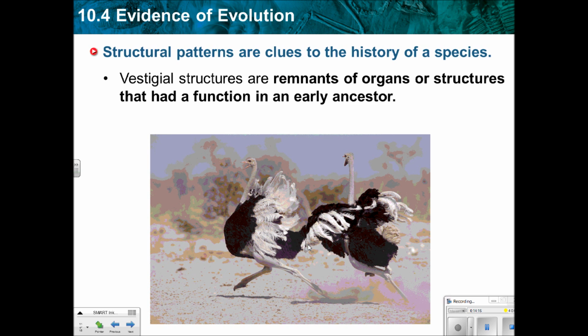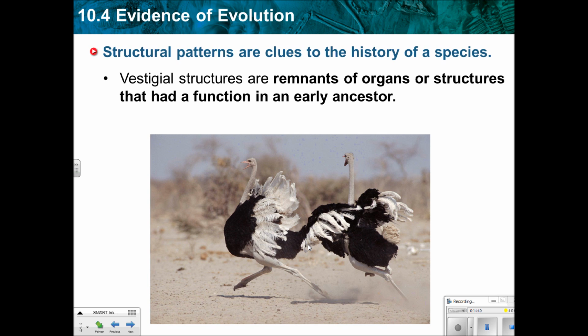Okay, back over there to anatomy. You have vestigial structures. And these things used to have a purpose, but since the environment has changed, those structures have gotten small. They don't do what they normally did.